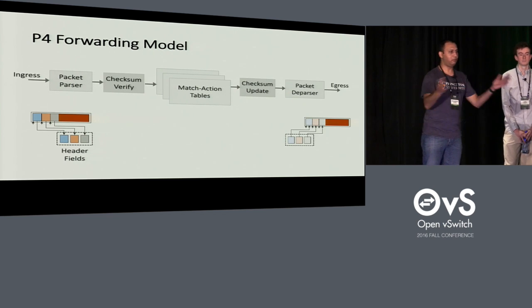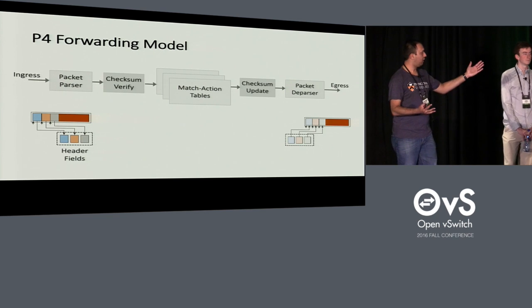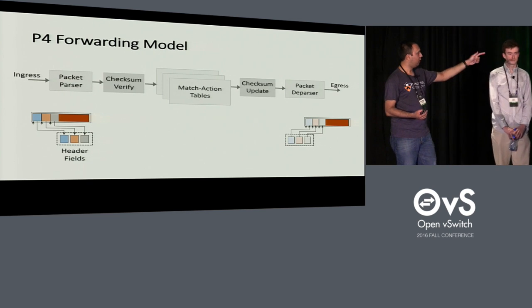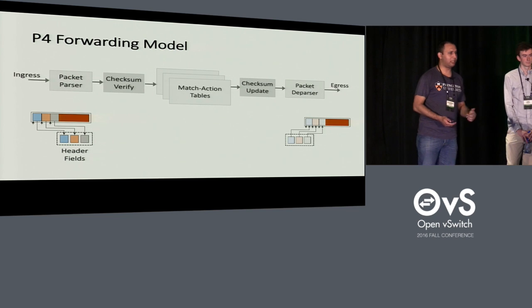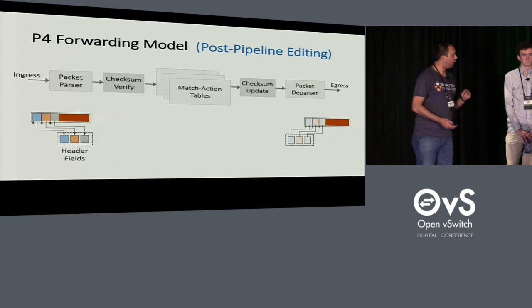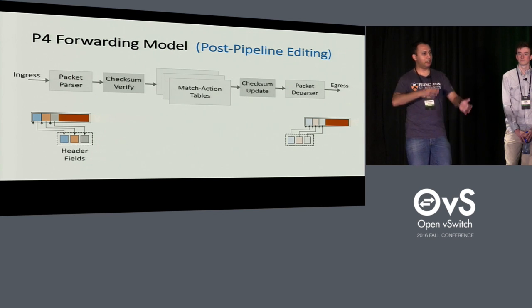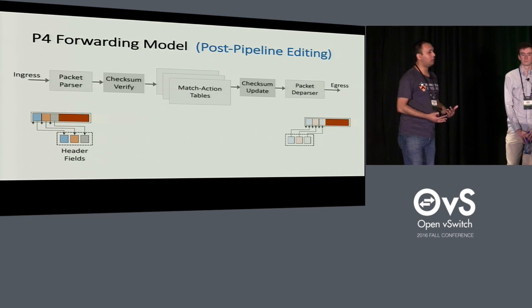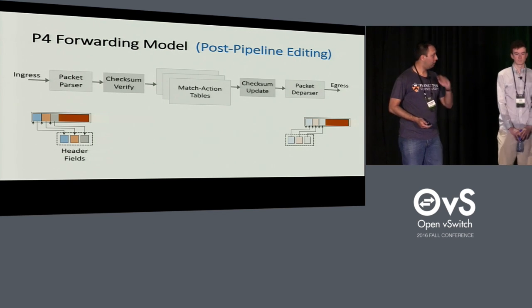So this is what the P4 forwarding model looks like. You can specify the control flow in the match action tables, specify the header structures, the packet parser, and so forth. And because we are applying the changes on the actual packet at the very end of the pipeline, we call this model a post-pipeline editing model.